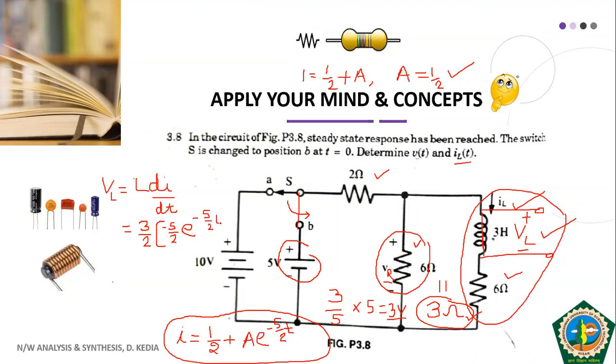This is the value of VL that we will be able to obtain. And if you solve it further, the value will come out to be minus 15 by 4. Okay. And e raised to power minus 5 by 2t.